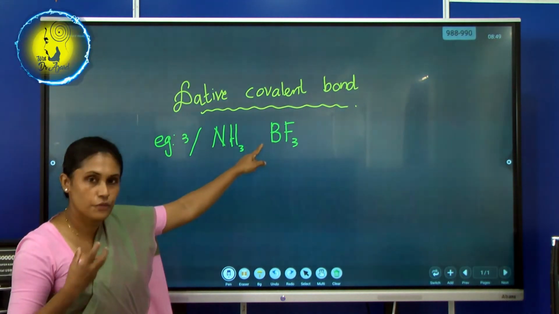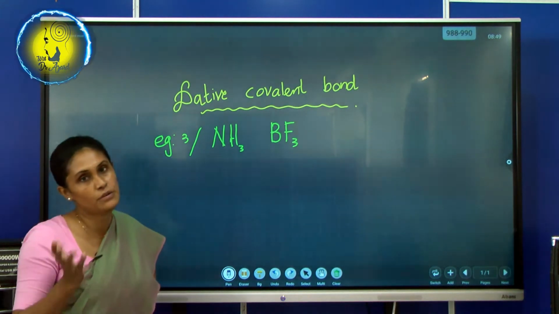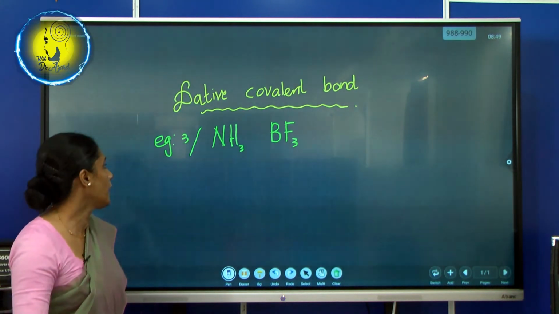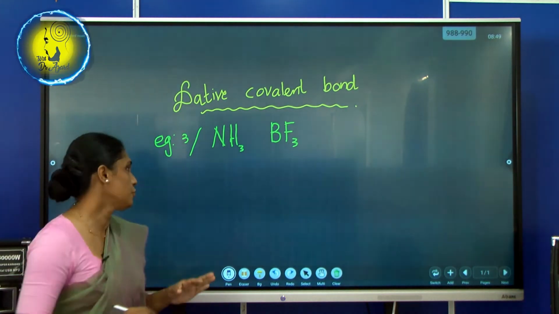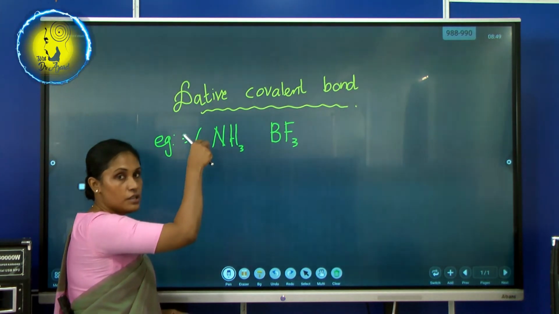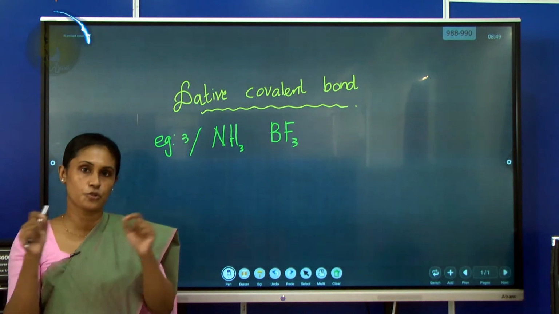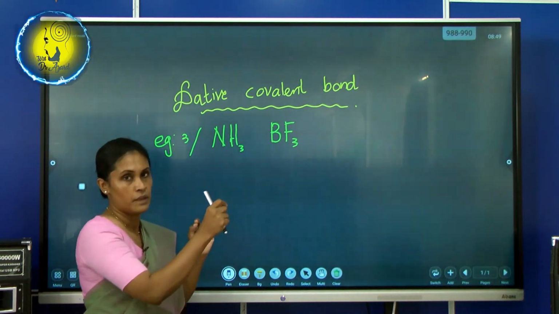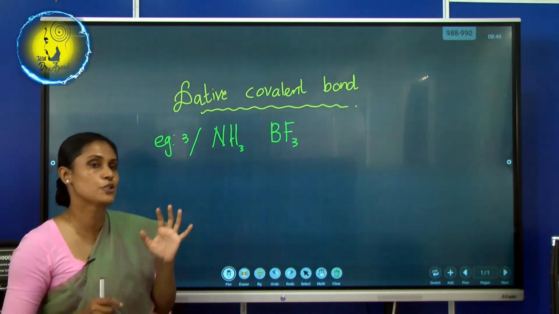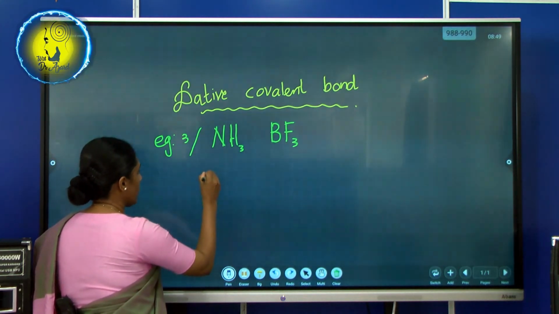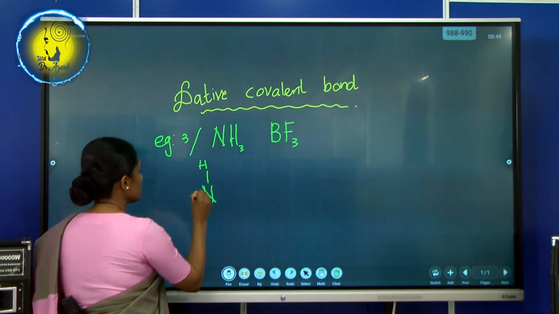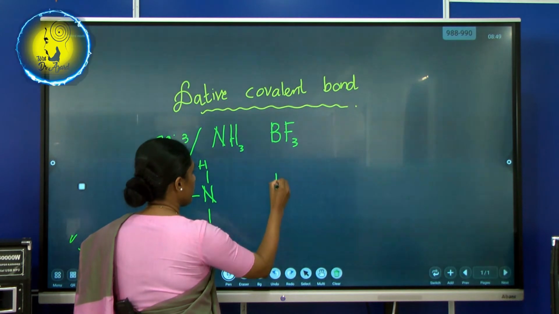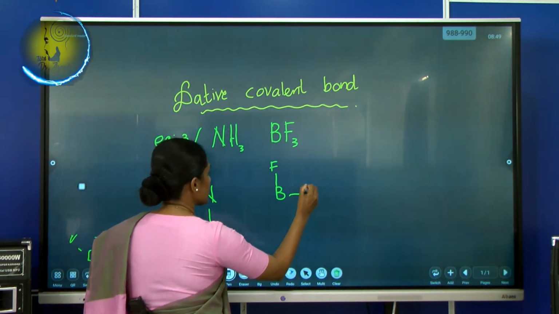So it would like to ask for a lone pair of electrons from somebody else, right? So don't draw the ammonia structure in the way that I have taught you. You know there should be angles between the bonds, but don't go for that. We want to present how this works. So therefore, draw a normal structure for ammonia. I choose this way. You know why I kept a space here. You will learn, right? Then for boron trifluoride also I'll use this way.